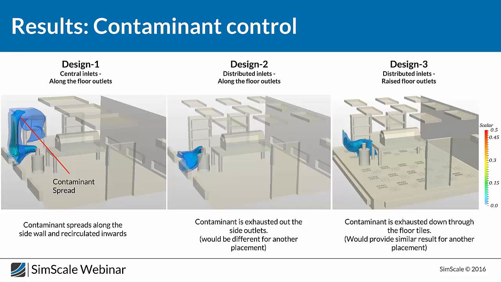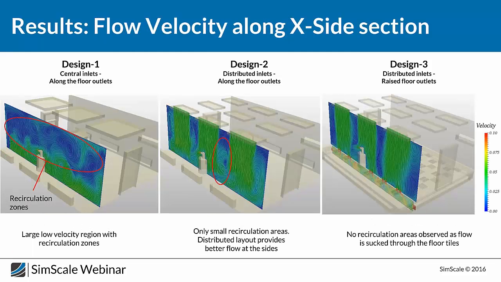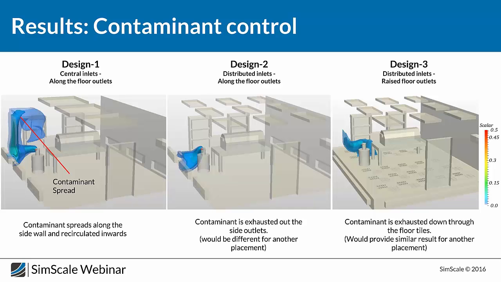Let me just go back for a second. As I said, on the left you will see many recirculation areas, and here you'll see where we end up. We have the spread of contaminant on the corner of the room, and the reason it is spread is the velocity patterns that we saw in the previous slide.